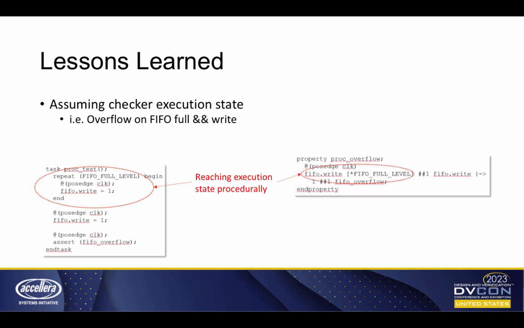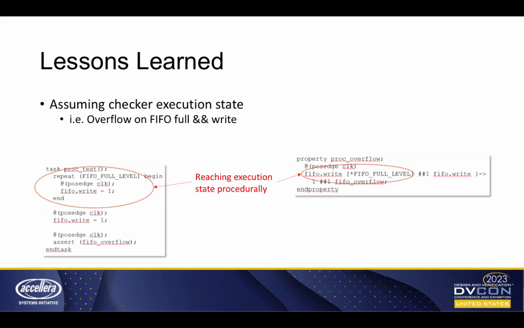You can do the same thing in a formal property. You can write some number of times to fill the FIFO, then you can apply one more write to ensure that there is an overflow. This is reasonable, and this is how I started writing properties when I went down this route.